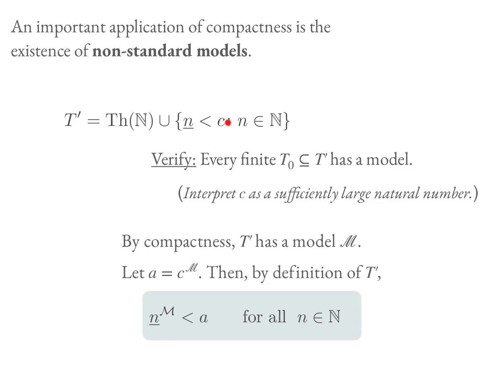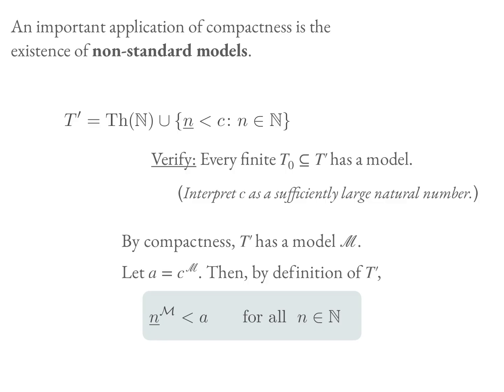The key is that if we only include finitely many here, we can find a model for this T0 by interpreting C as a sufficiently large natural number. So I recommend you go over that for a moment, take your time, and make sure this all checks out.